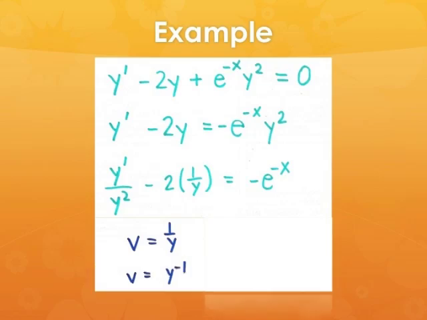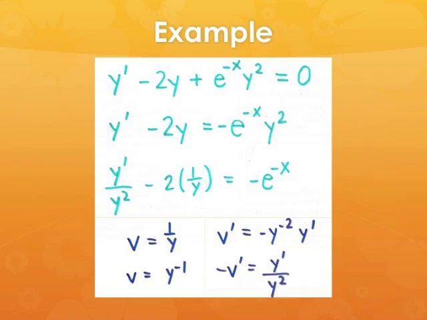And once you've rewritten it, you can take the derivative. Now remember that v and y will both be functions of x, so when you write v prime, you take the derivative of y, but since y is a function of x, you need to tack on the y prime as well.